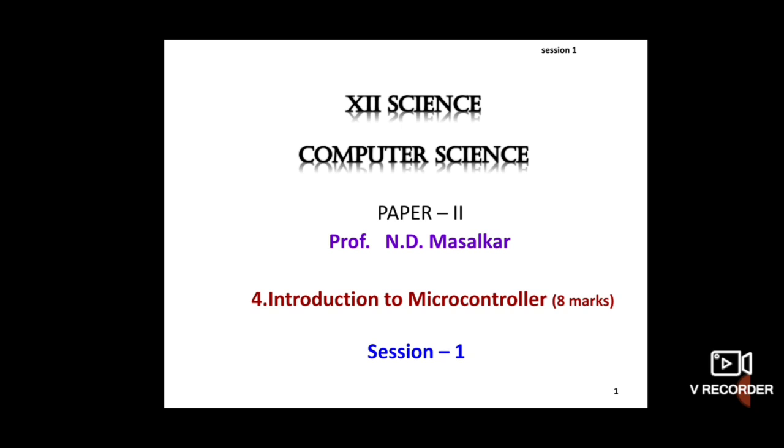In short, a microprocessor can be used for offline applications and a microcontroller can be used for online applications. This is the main difference. So let us see in detail what a microcontroller is.